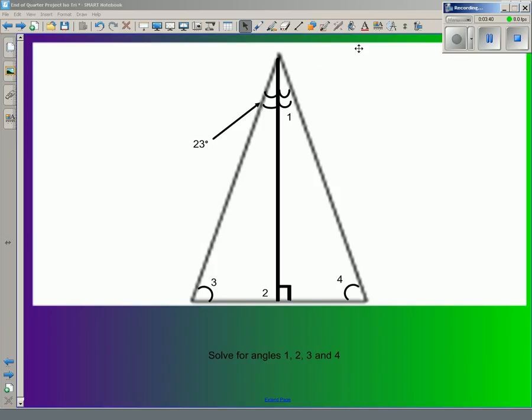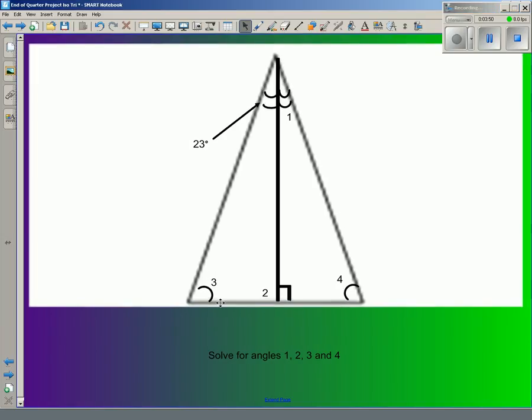The legs are congruent, and you know that because of these marks right here. Alright.